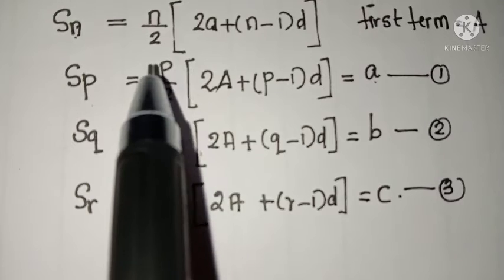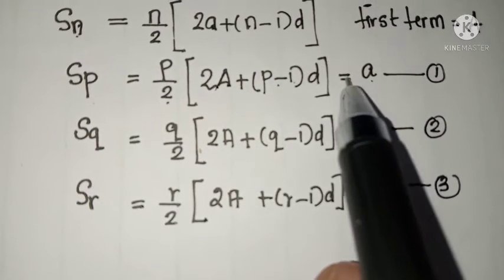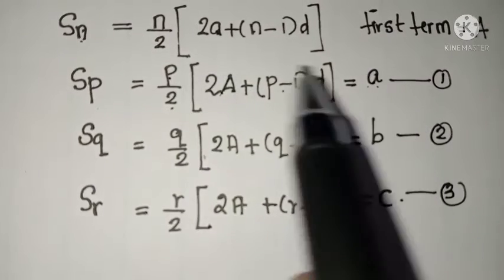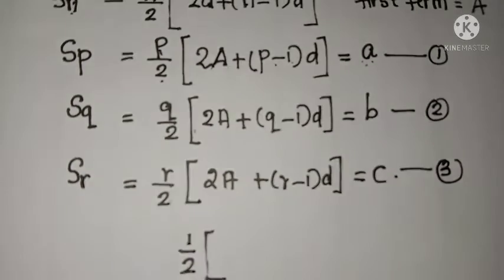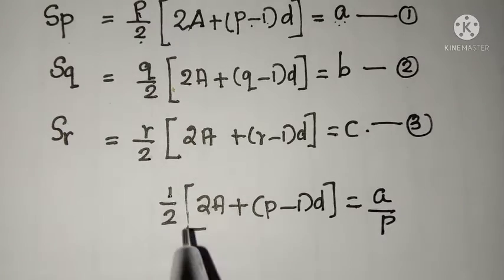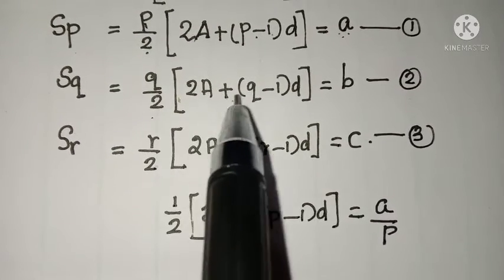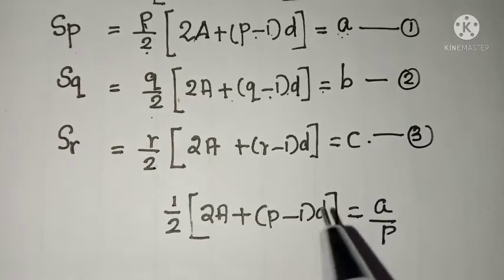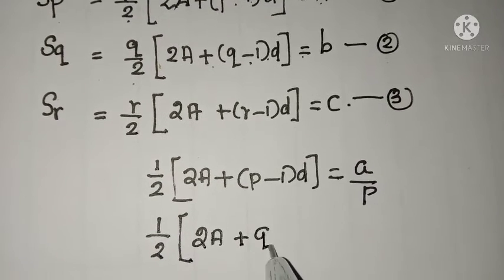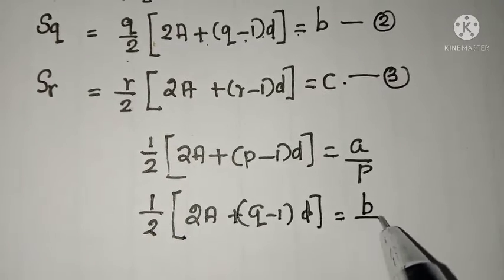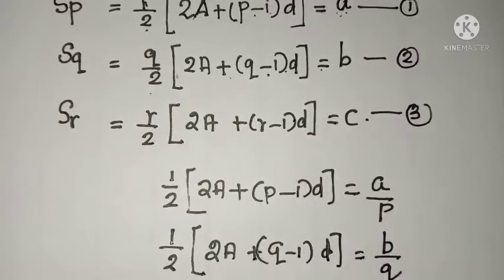Now, look at equation 1. P by 2 into (2A plus (P minus 1) into D) equals A. Take this P to the right side, so multiplication by P becomes division by P: 1 by 2 into (2A plus (P minus 1) into D) equals A by P. Similarly, equation 2 becomes 1 by 2 into (2A plus (Q minus 1) into D) equals B by Q. From 3, take this R to the right side.